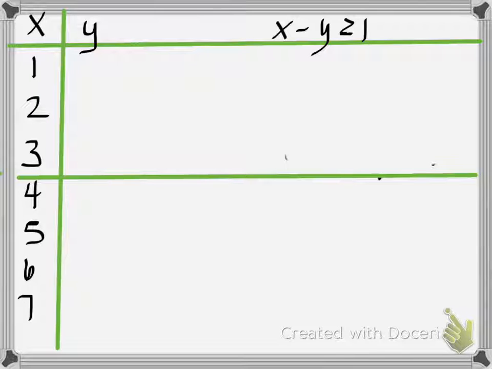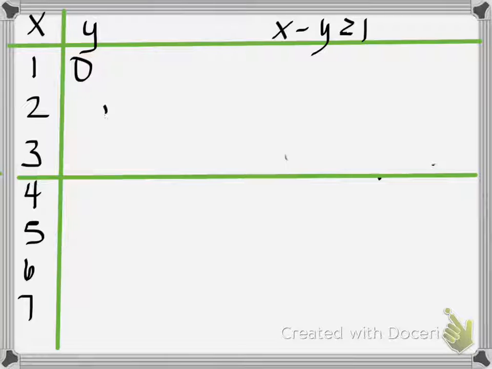So let's go ahead and write out a list of numbers, the whole numbers, that if I subtract y from x will be greater than or equal to 1. So what number can I subtract from x to get us 1? 0. What numbers can I subtract from x when it's 2 that's going to be greater than or equal to 1?